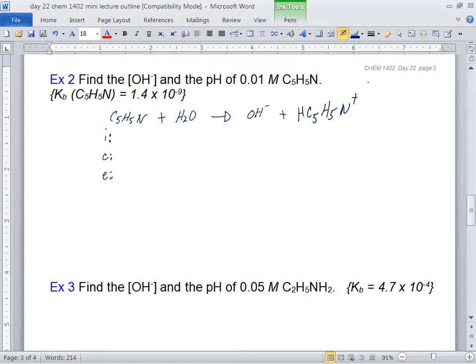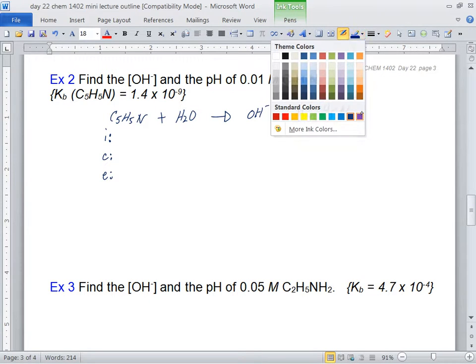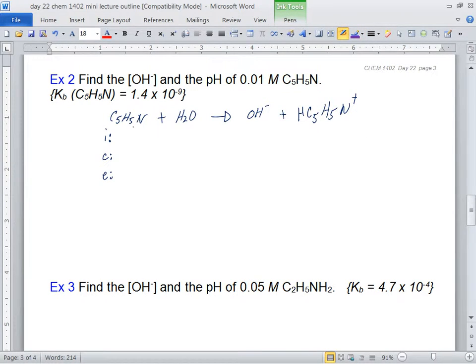Okay. See if you can get an answer for this. Andromeda, is that how you filled out the ice table?